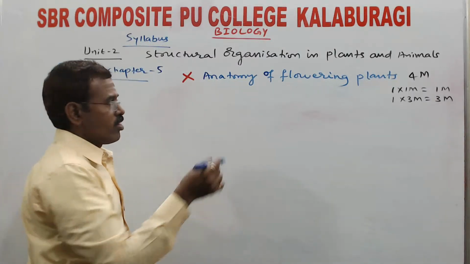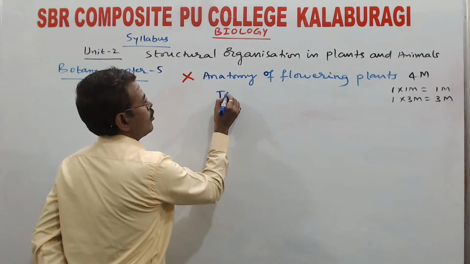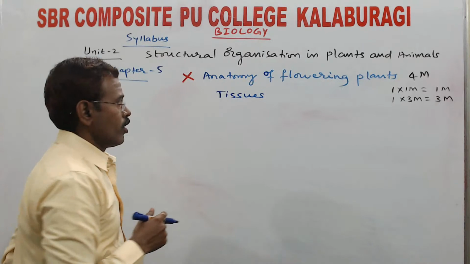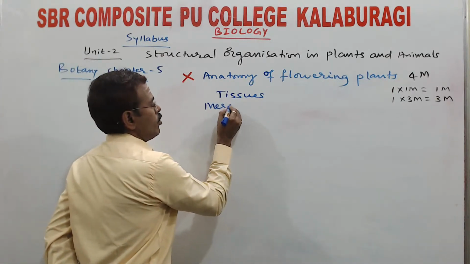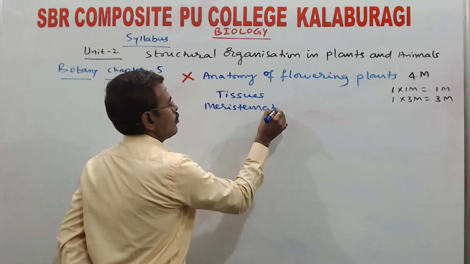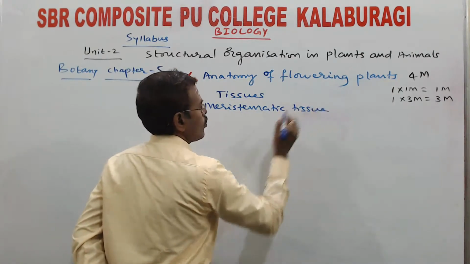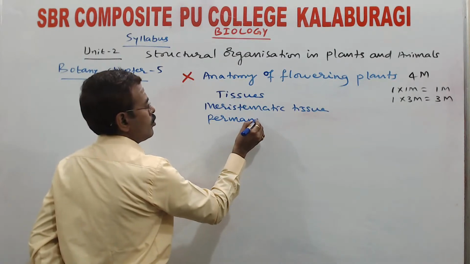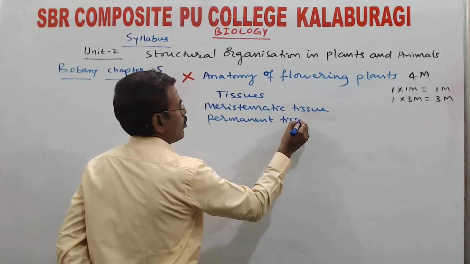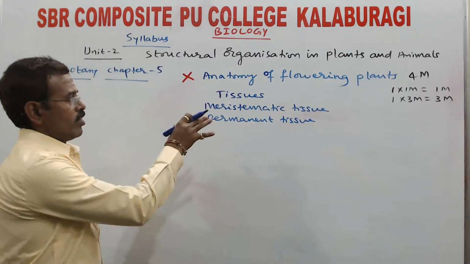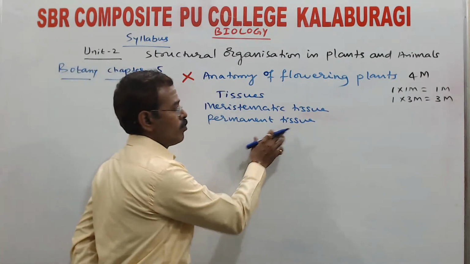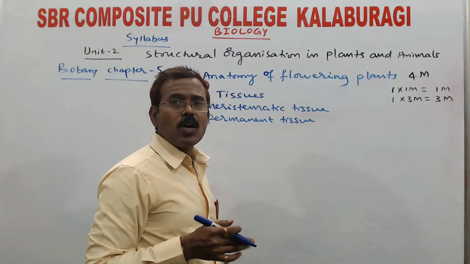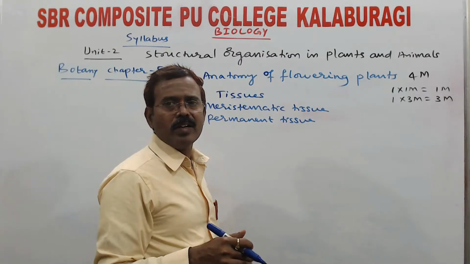Which different concepts will we learn here? We learn about plant tissues: meristematic tissue, then permanent tissue. In permanent tissue, simple permanent tissue: parenchyma, collenchyma, sclerenchyma; complex permanent tissue, that is xylem and phloem.